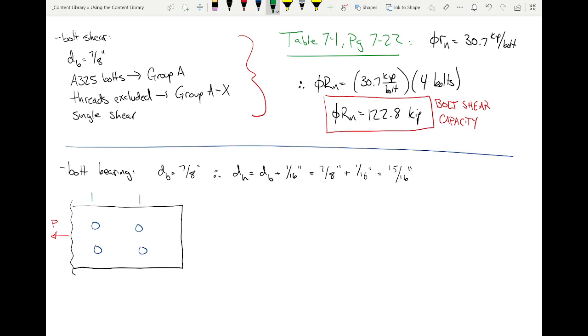This dimension, 3 inches, 2 inches. So what we've got here is a situation where S is 3 inches, LE is 2 inches.